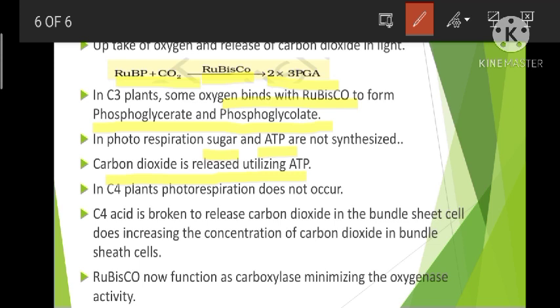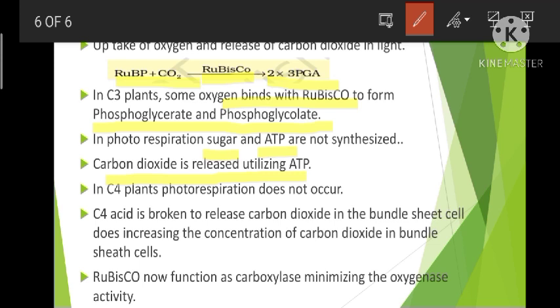This glycolate is oxidized so that glyoxylate is formed, and the glyoxylate is converted into the amino acid glycine. When two glycine molecules interact with each other, they form another amino acid called serine, and carbon dioxide is also released. Thus carbon dioxide is released, and during this process ATP is utilized.